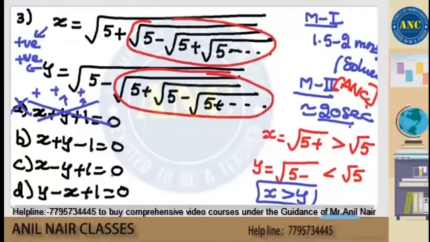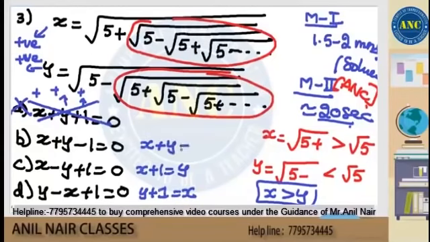Idea clear? Next one. Suppose the third option, x plus 1 equivalent to y. Fourth option, y plus 1 equivalent to x. Second option, x plus y equivalent to 1. Now if you see, right, this is eliminated.